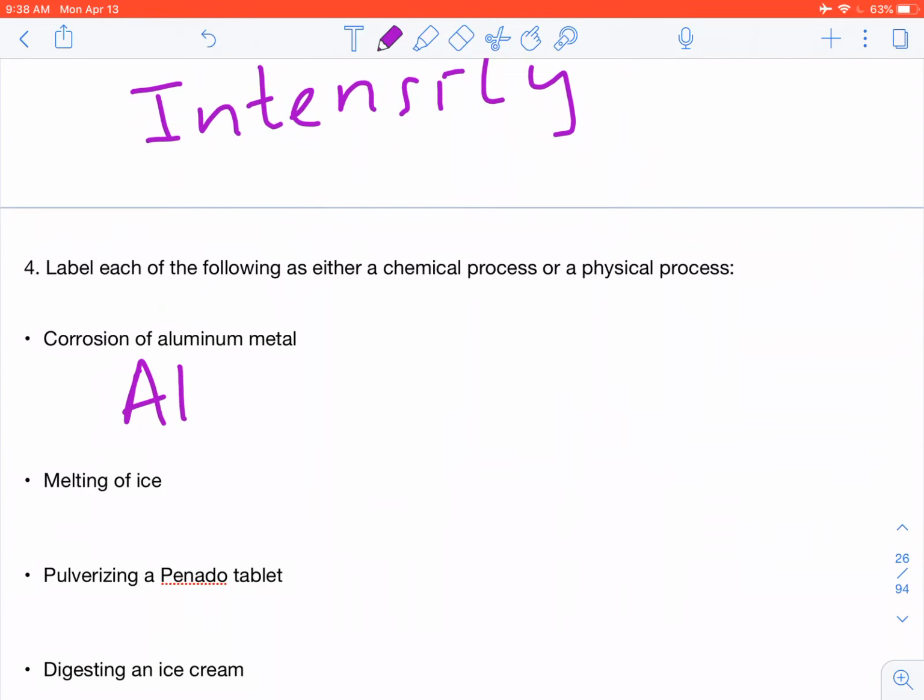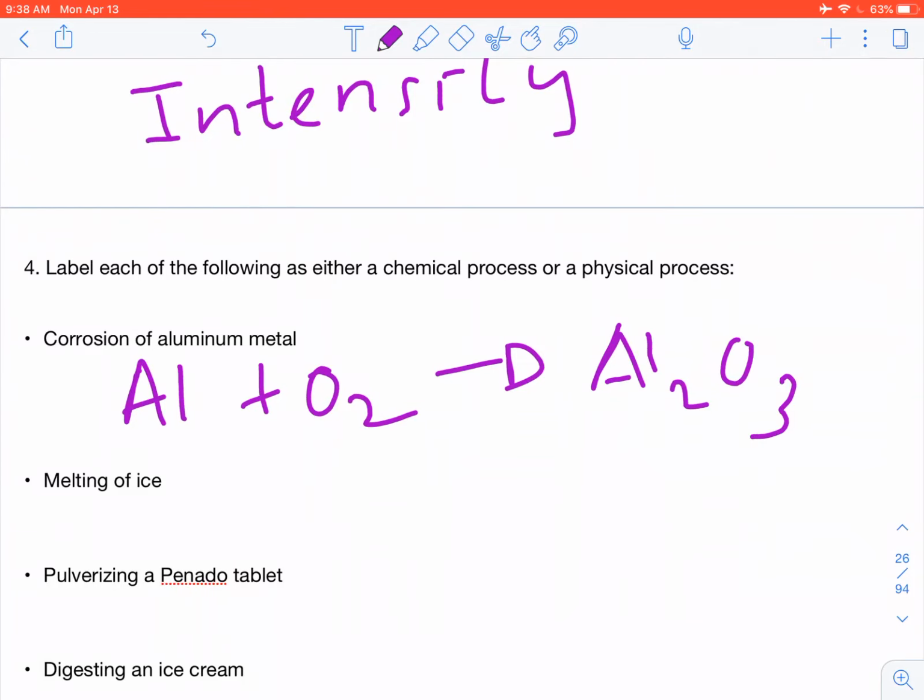So it's like Al plus O2 would give me Al2O3, balanced as 4 Al plus 3 O2 gives 2 Al2O3. Melting of ice is a physical process.